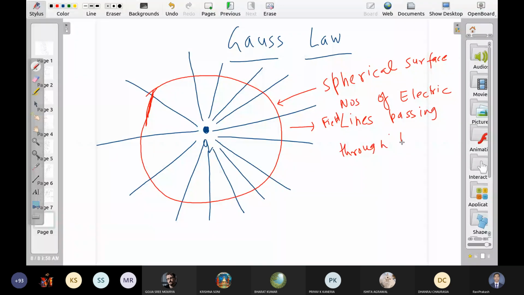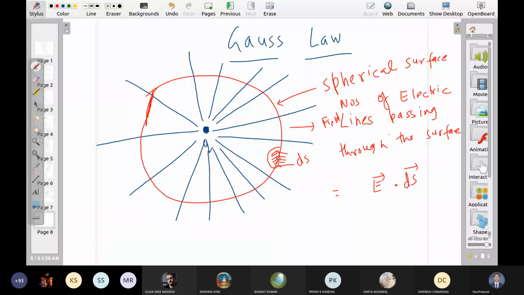If the electric field is E, then the number of lines passing through the surface is this quantity. E is the number of lines per unit area. So let us say we focus on such a small area, this one. Let us say this has area ds. Electric field is the number of lines passing per unit area. Multiply with ds, and that is the number of lines passing through this ds area.